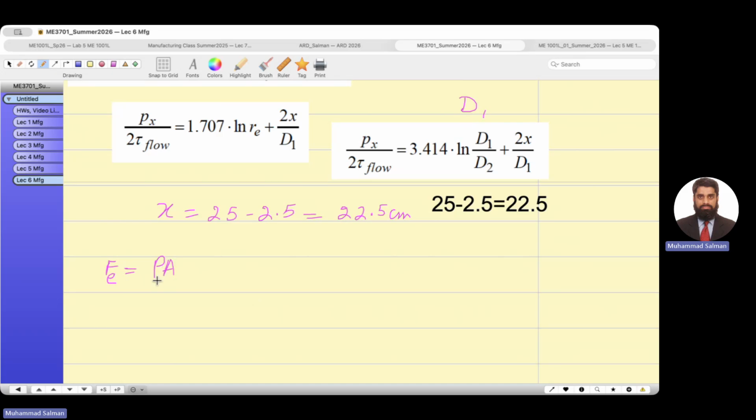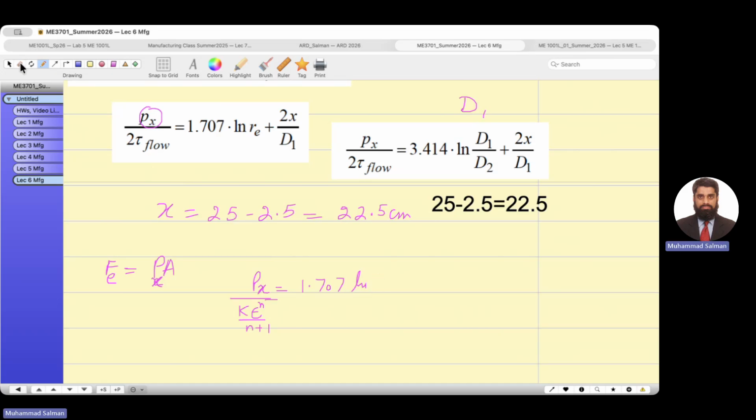Extrusion pressure is this much, I would say Px. Can you help me find the Px? It is K epsilon to the power n, I'm writing down the formula and you will help me, times 1.707 ln Re.